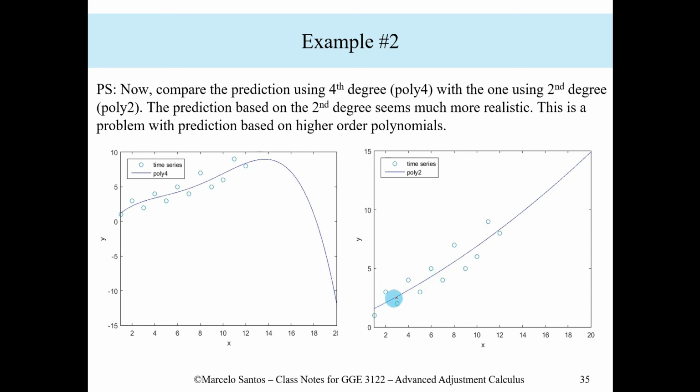The prediction follows something that looks more reasonable, because there is this increase, this positive slope that the data has, and the polynomial of 2nd degree is following that. So higher order polynomials tend to have a bit of an instability problem.